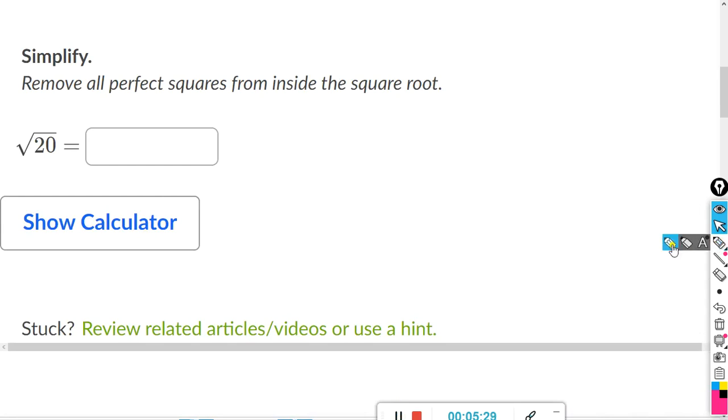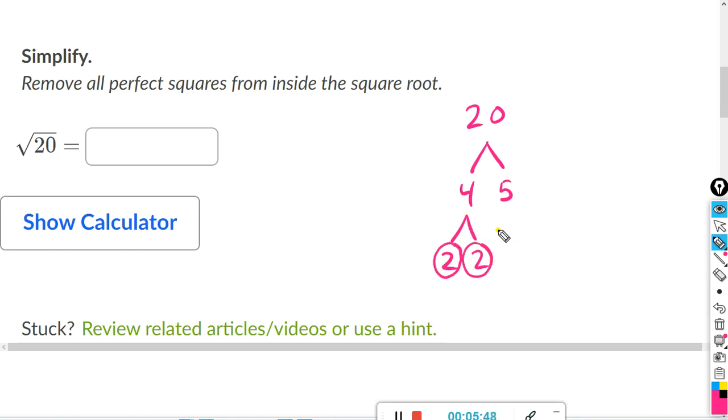All right, last one, square root of 20. I know that 20 is the same as 4 times 5. Can't break up the 5. And 4 is the same as 2 times 2. So circle the last number at the end of each branch.